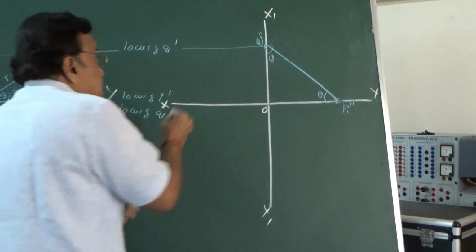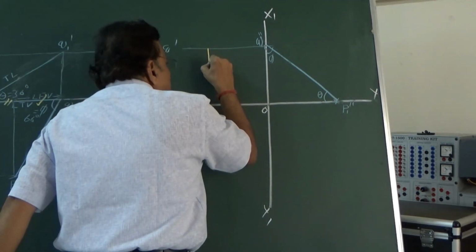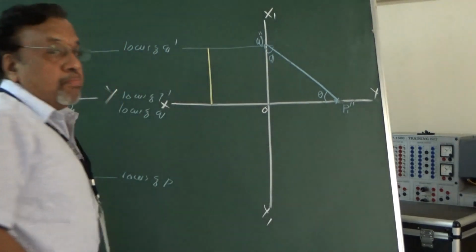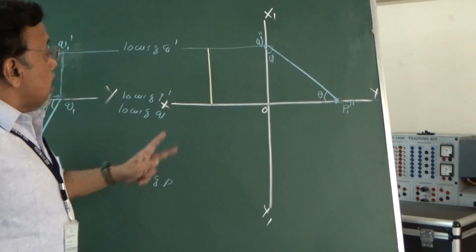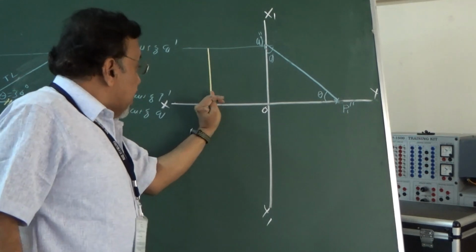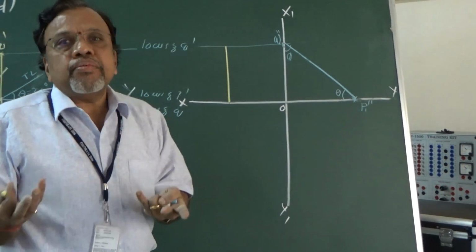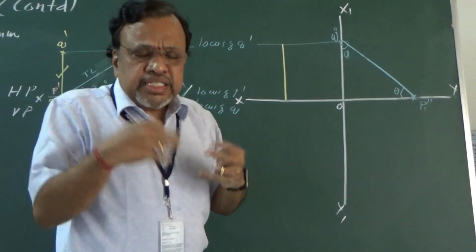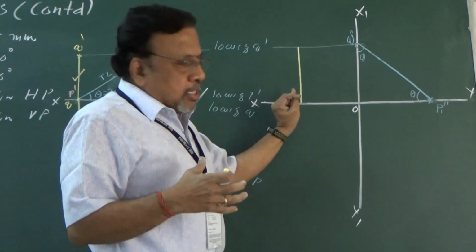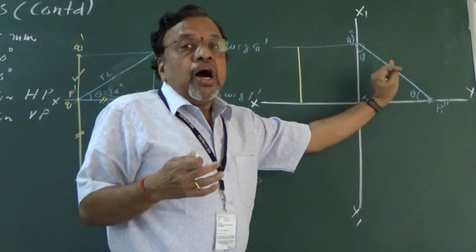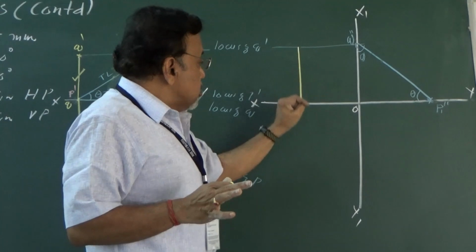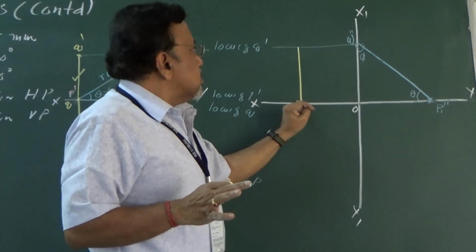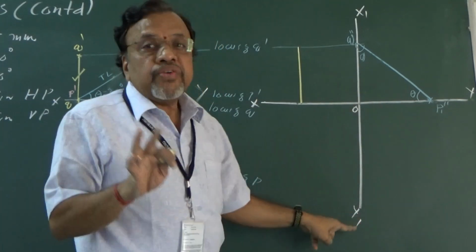Now I can draw this line anywhere. Why can I draw it anywhere? Because I have not mentioned how far this particular line is from RPP. Generally I will not give that. Since I have not given the details of this line with reference to RPP, I can draw this front view at a convenient distance from this X1 Y1 line.